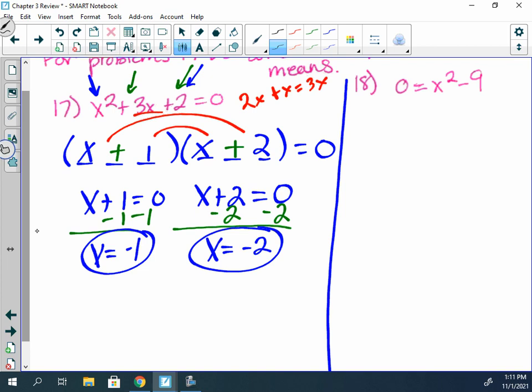Now we can also use the square root method because we do not have x to the first power, we just have x squared and 9. According to the square root method, we would get the variable that is squared by itself. So we would add 9 to both sides, which would tell us that x squared is equal to 9.